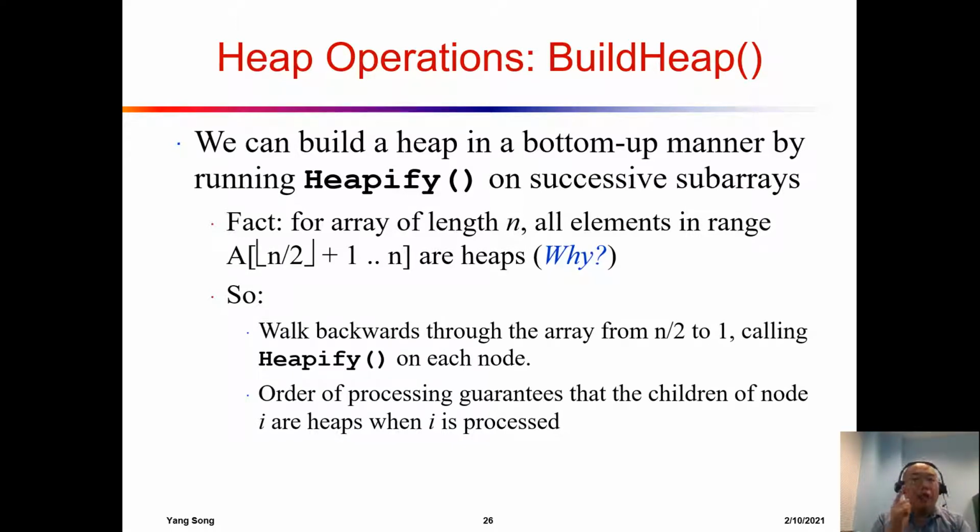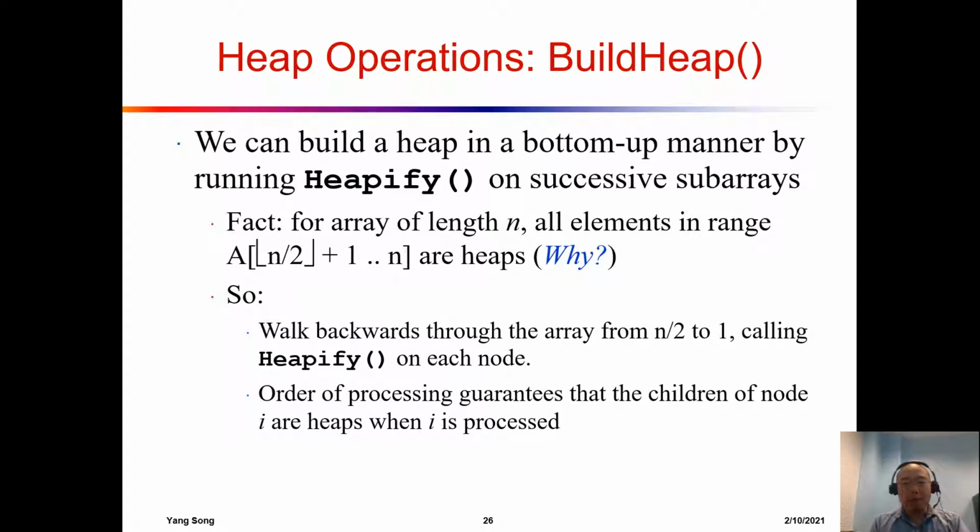For all the leaves, if you consider a leaf as a subheap, is that subheap already valid? The answer is yes, if there's only one value, no left child and no right child, the only value in that subheap is already the largest value.